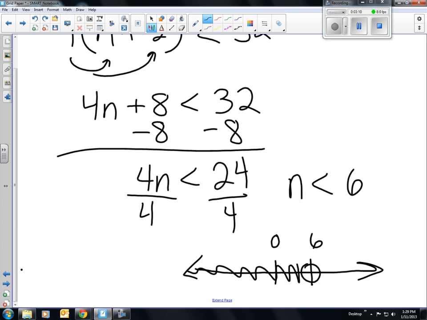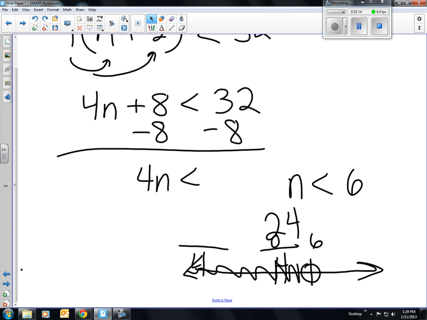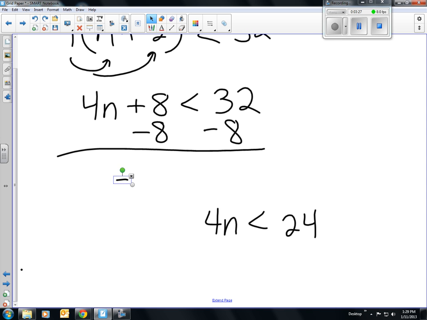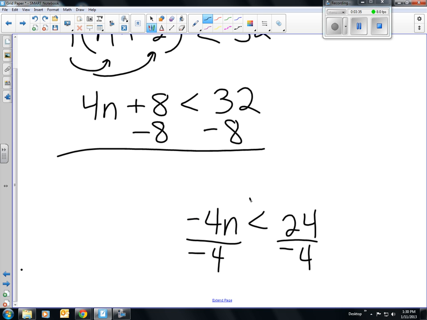Now, if we would have divided by a negative 4 here instead of a positive 4, so let's just go back. If we would have divided both sides by negative 4, that's an instance where you want to make sure you flip that inequality sign, so that you would say the solution then is n is greater than negative 6.